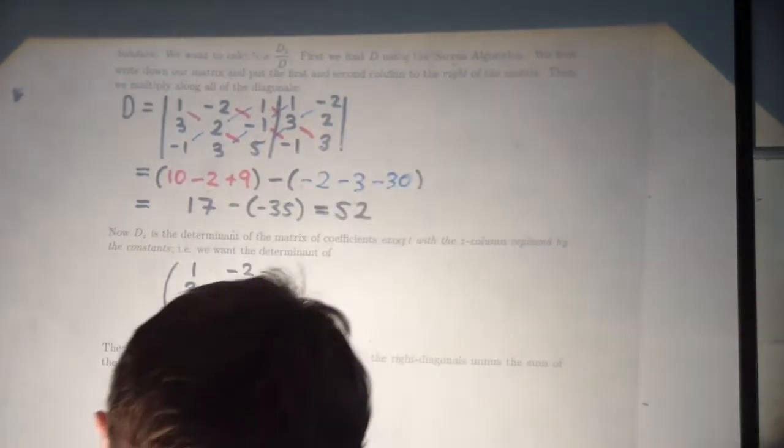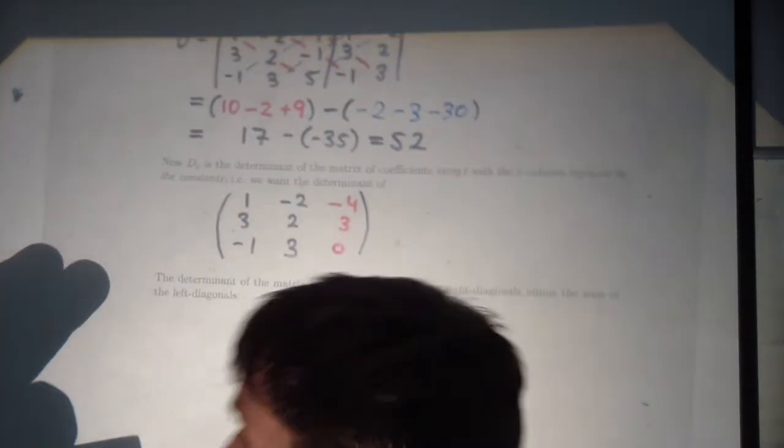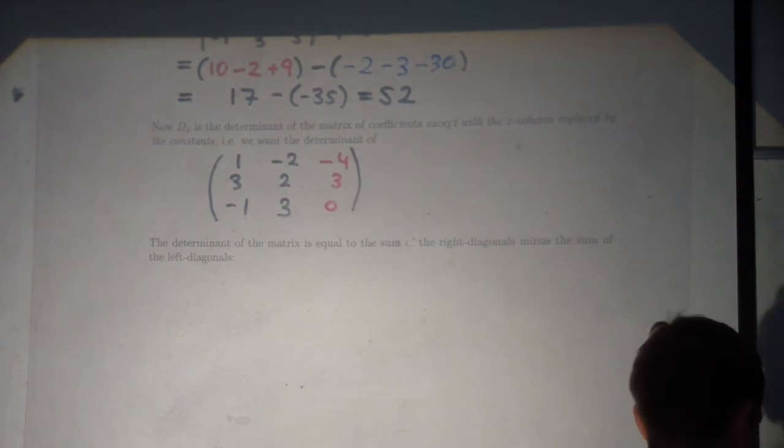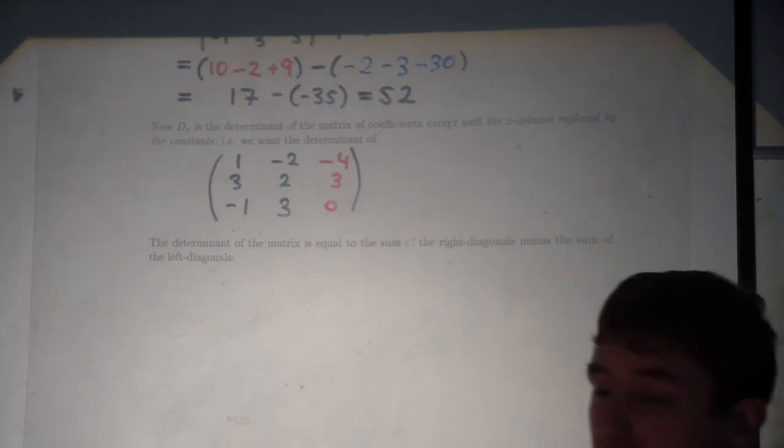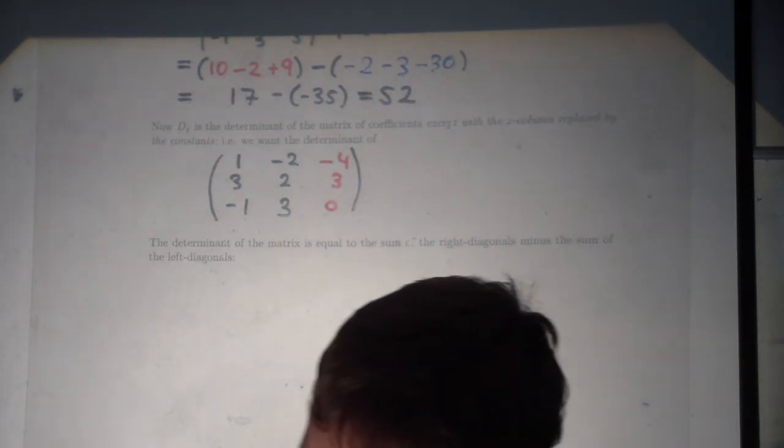You just take the matrix of coefficients and replace the z coefficients with the constants minus 4, 3, 0. So Dz is the determinant of that matrix there, and you calculate it as before. You write the first 2 columns and do right down diagonals minus left down diagonals.